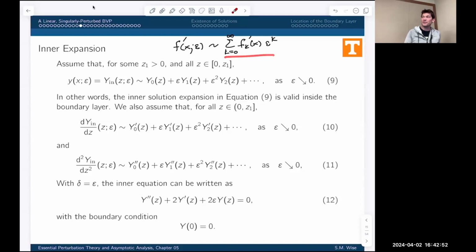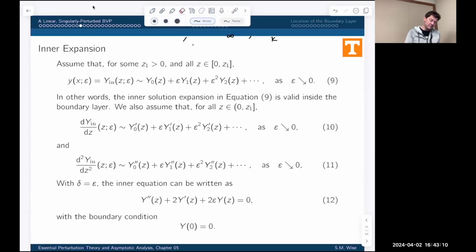The answer is that's not generally true. So if you go the reverse direction and integrate, it always is true. I can integrate term by term an asymptotic power series and get an asymptotic power series for the result, but I can't differentiate. I can't go the forward direction. However, if you just assume that it's valid, you're okay. Well, you're not.